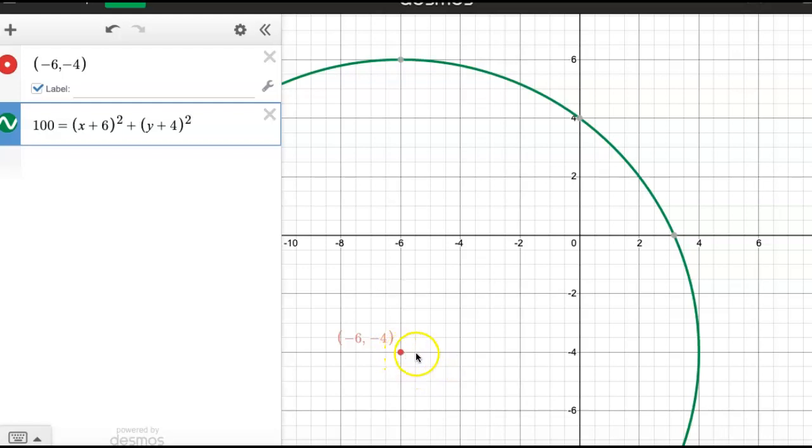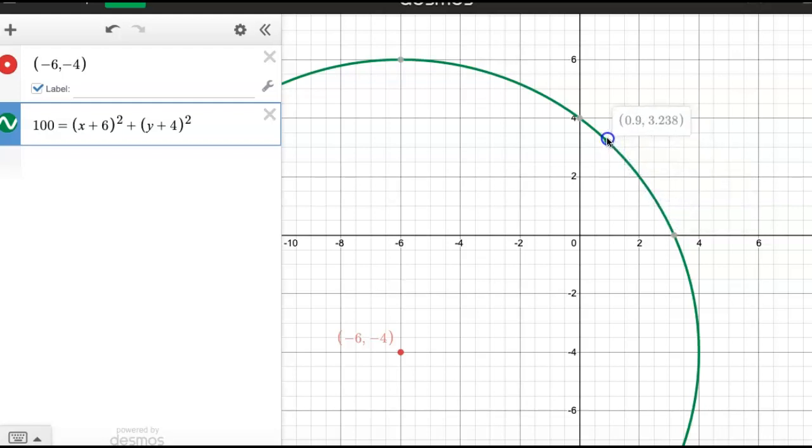And so we have a circle whose center is our starting point. And so I can imagine any line that's drawn from this point to this arc here will actually be a radius of this circle and will be of length 10. So any point along this arc here in the first quadrant would satisfy our question of where will you end up.